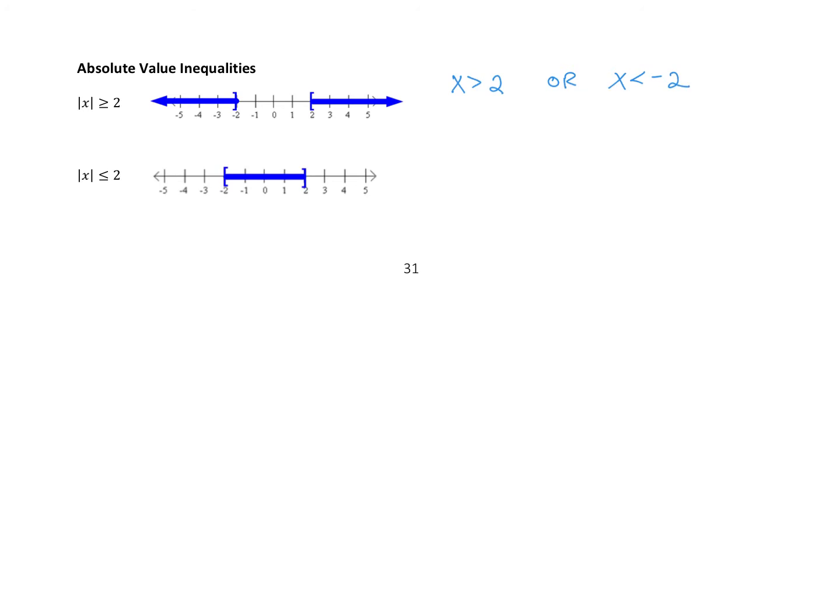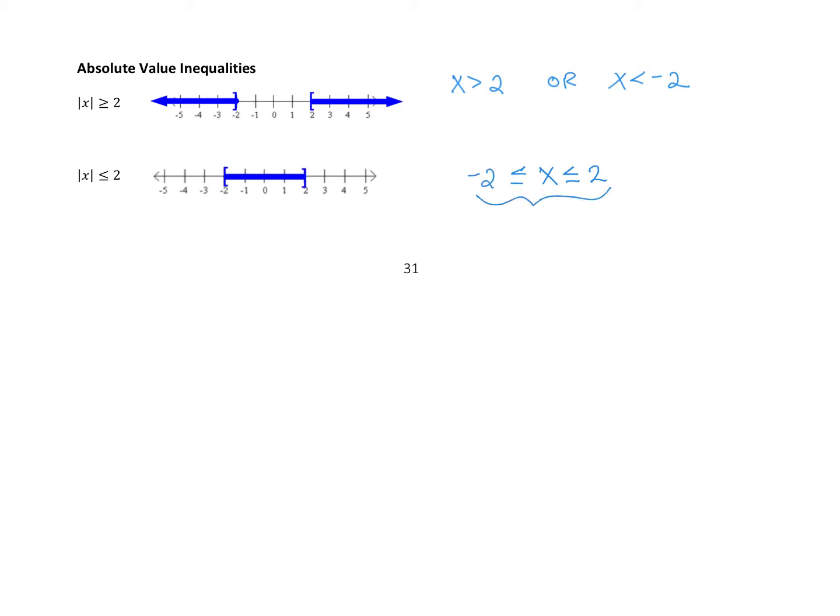If our absolute value is a less than or equal to sign, then we're saying that x has to be less than 2 units away from 0, which means you have to be between 2 and -2. This is called a chain of inequalities.